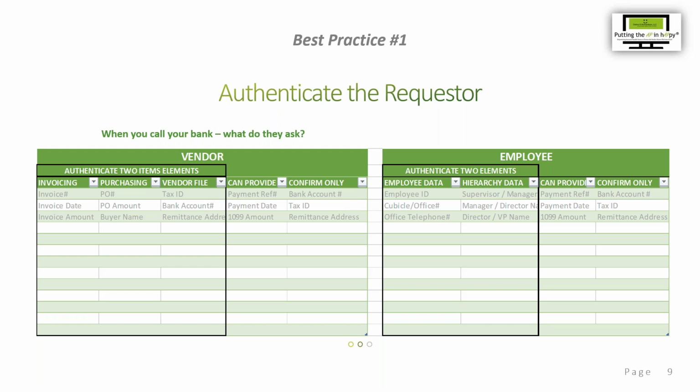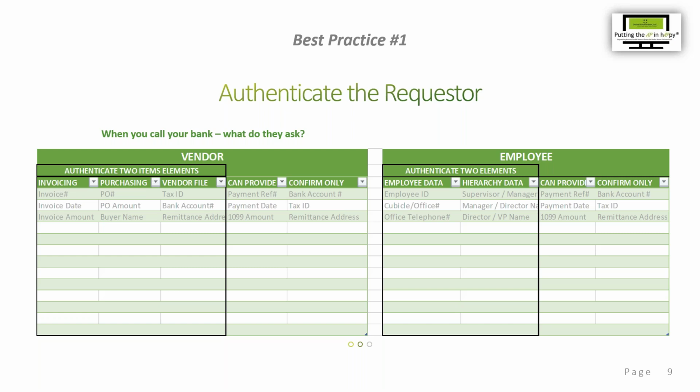So for example, you don't want to ask for an invoice number and an invoice date, since that information is on the same document. Better is to ask for an invoice number and the last 4 digits of the tax ID, or for a valid purchase order number and the last 4 digits of the existing bank account.